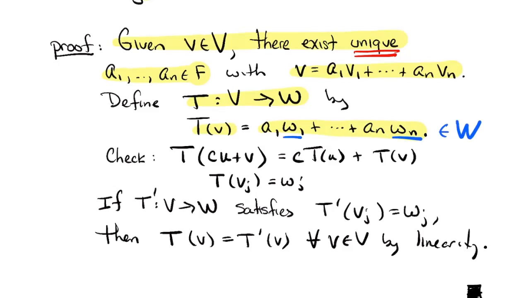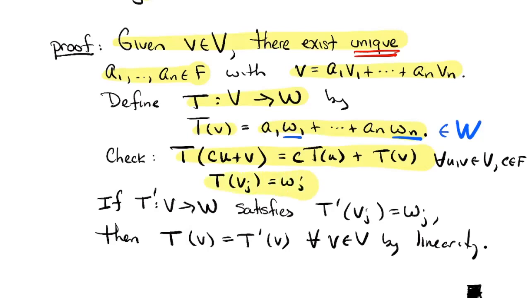I'm going to leave this to you, partially to give you something to think about and partially to make the video shorter. But by that definition, T is going to satisfy that equation for every u and v in V, and all scalars c. I didn't quantify this very carefully, let me do it now. In other words, T is linear. And I'll check this with you.